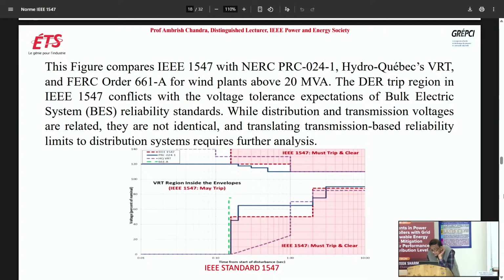In this region, it must trip and clear, while in this region, it may remain connected. But according to NERC, there is a conflict here, because different agencies have different pressures from different industries. So they try to make a standard to satisfy those big companies. But IEEE 1547 is, I think, unbiased.